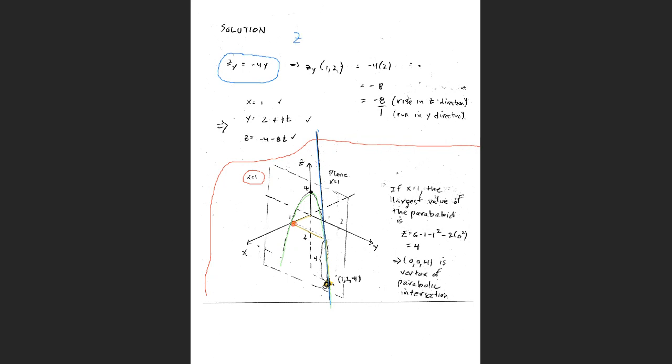Remember, z was the equation of the paraboloid, which was 6 minus x squared minus 2y squared.